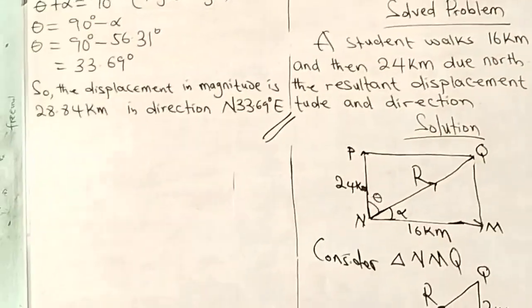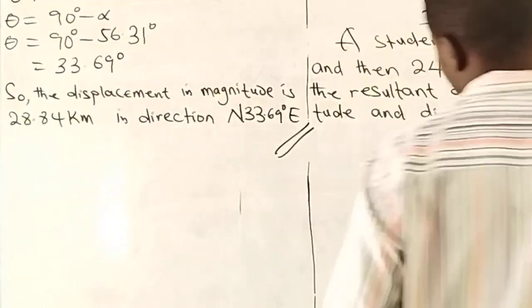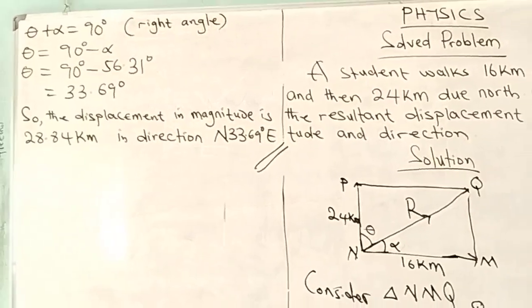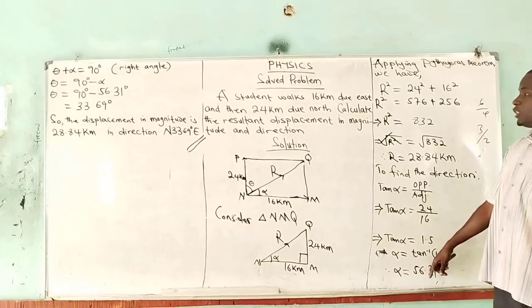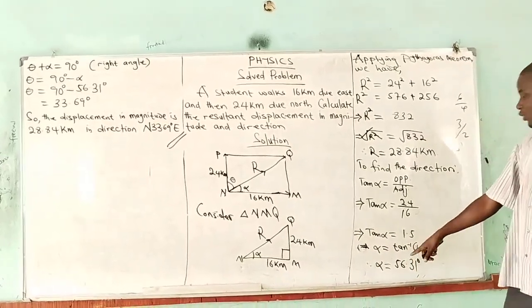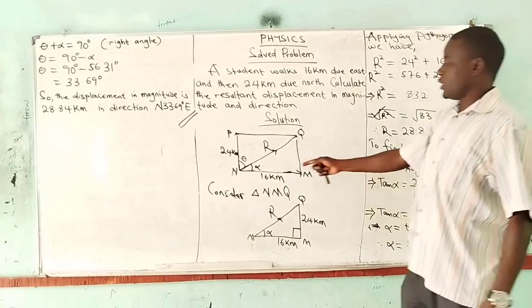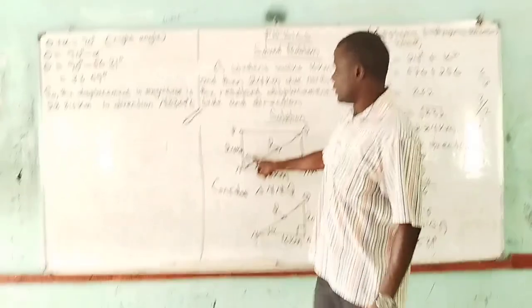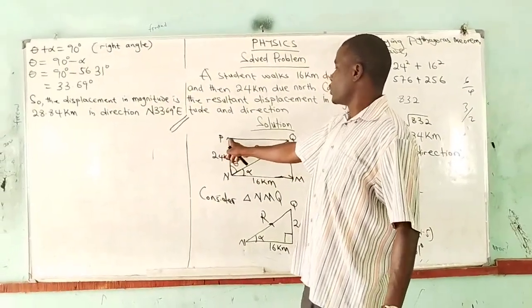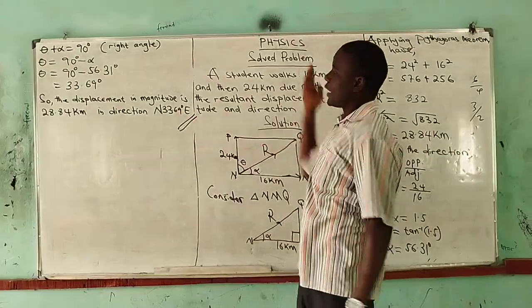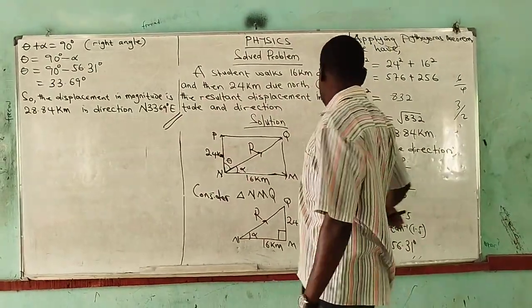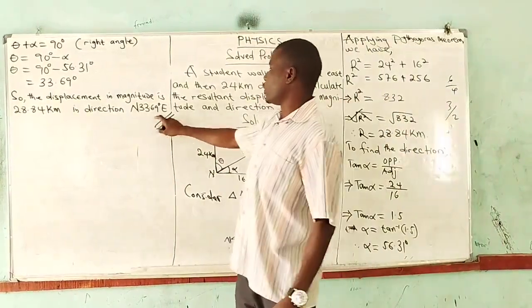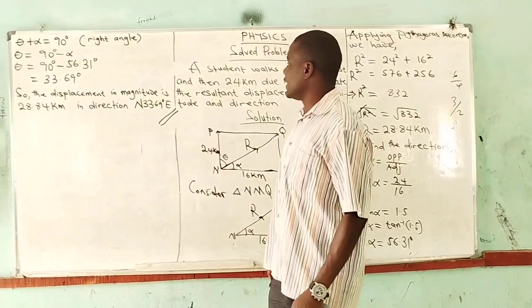Now don't be confused. You should understand that this is not our target angle. Don't say the target angle is 56.31. We must find it through alpha, by subtracting it from 90. We are measuring the angle from north to east, just like that. So we take this 90, subtract this, and it gives us 33.69 degrees.